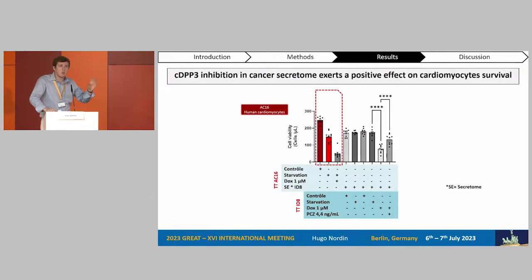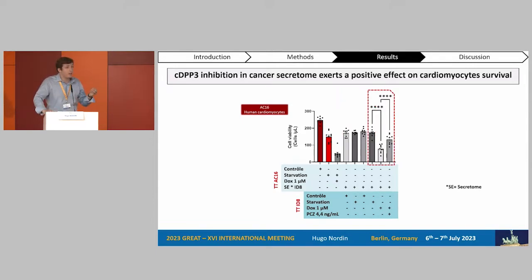Thirdly, this was the more complex experiment that I was talking about. We submitted our cardiomyocytes first to our regular stress with serum-deprived media and doxorubicin. We had indeed an increased mortality. Then we applied the secretome, so culture media from cancer cells that were not submitted to stress in any way, and we didn't have any particular impact on cardiomyocyte viability.